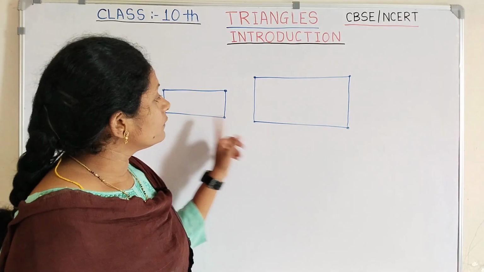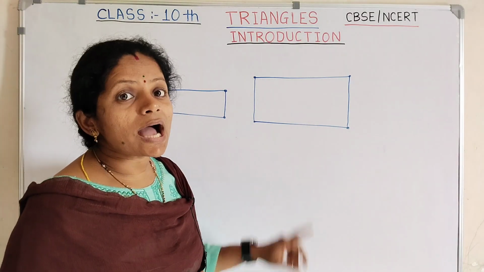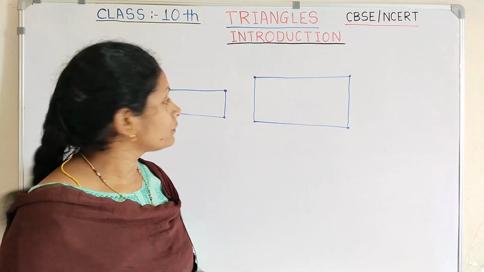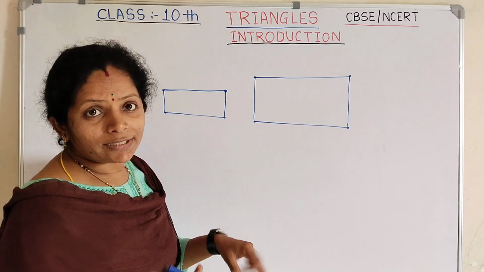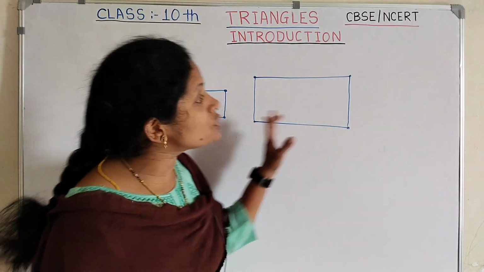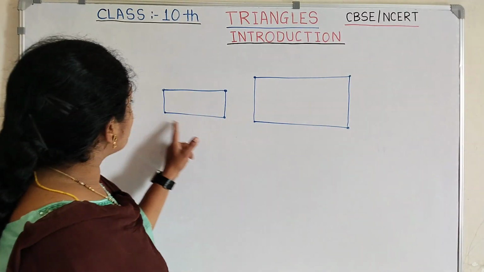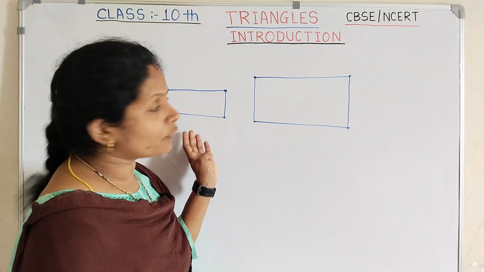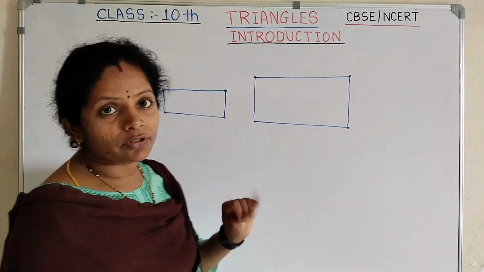We can say that these two rectangles are similar but they are not congruent. By this, we can understand that shapes should be the same, meaning the number of sides should be equal. How many sides does the first rectangle have? 4 sides. The second one also has 4.